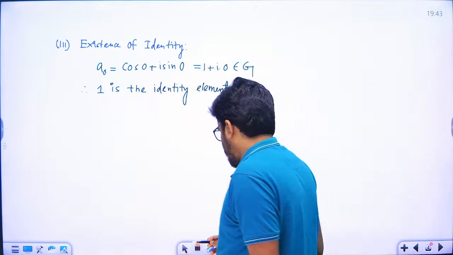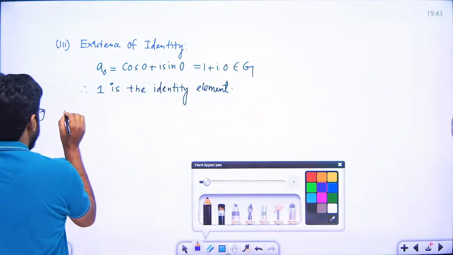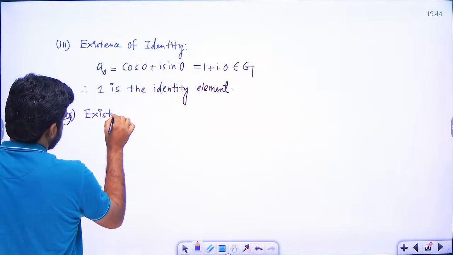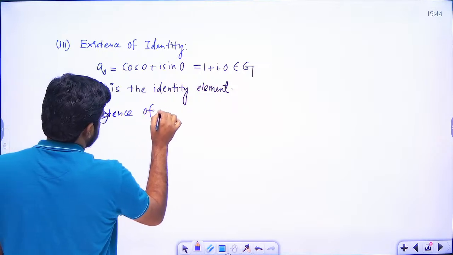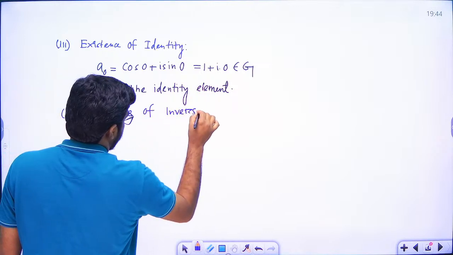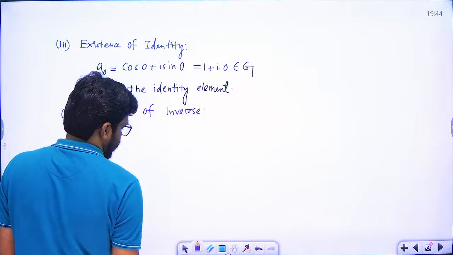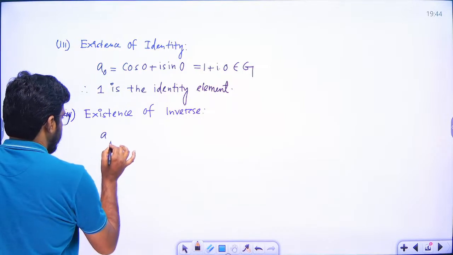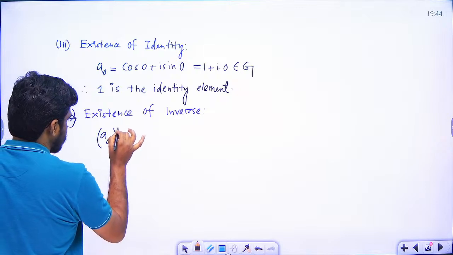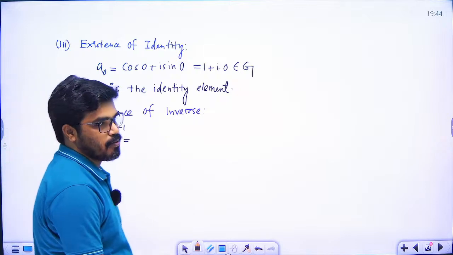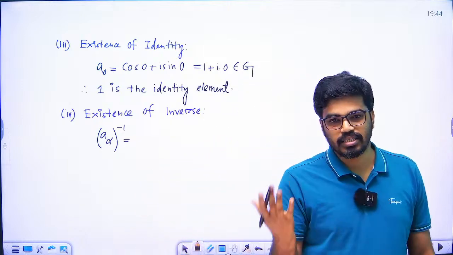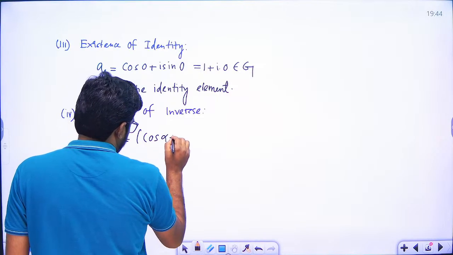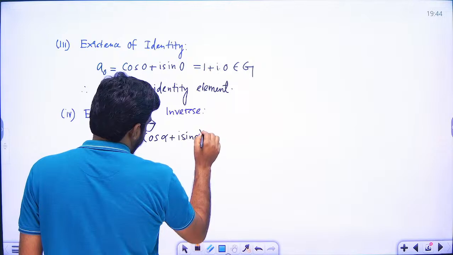Now existence of inverse, number 4. Existence of inverse. So A alpha inverse, what is A alpha? Cos alpha plus I sin alpha, right? Cos alpha plus I sin alpha inverse.